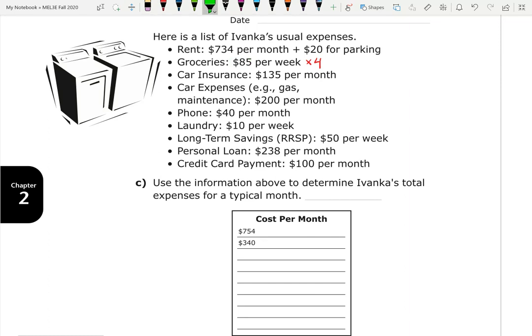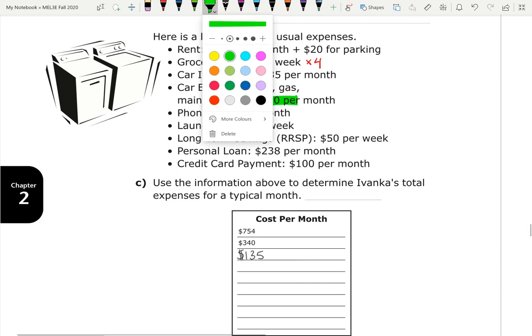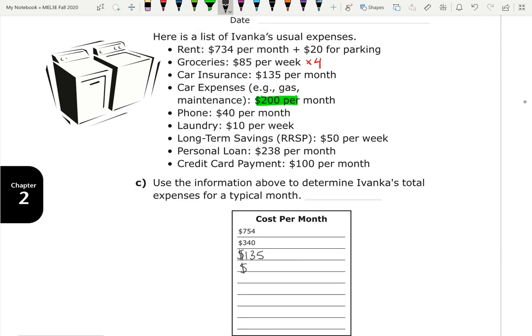Okay, next, car insurance is $135 a month. So we're going to add that down here, $135. Next, car expenses, $200 a month. Phone, $40 a month. Laundry is $10 a week.